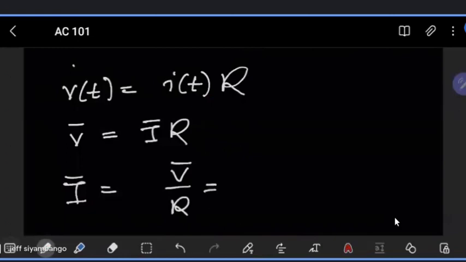But from this description, we know this V phasor can obviously come in this form, V max, and then the phase angle.